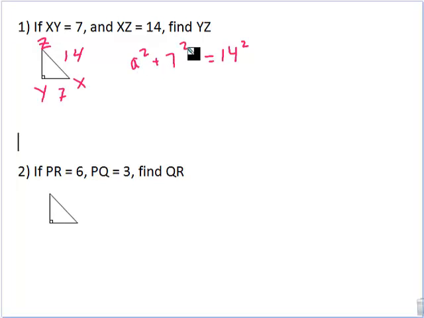And we're going to try to find our A, our other leg. We don't know that. We need to find it. So what's 7 squared? 49. What's 14 squared? 196.